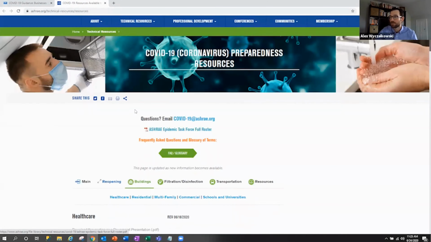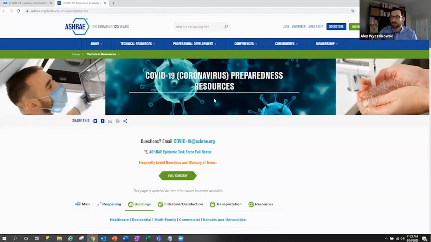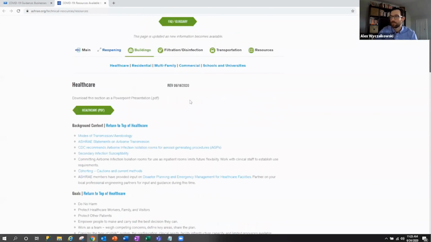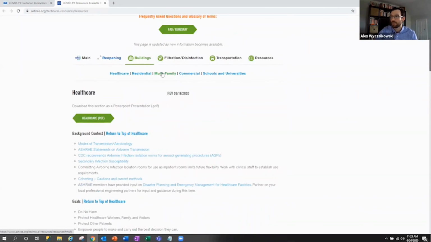They're technical resources. They've got preparedness plans for COVID-19, building types by building sector. So I go through here. This is where we get a lot of the recommendations. And like I said earlier, the challenge for building operators will be that there's a lot of language in here.